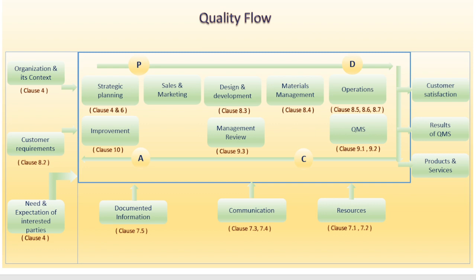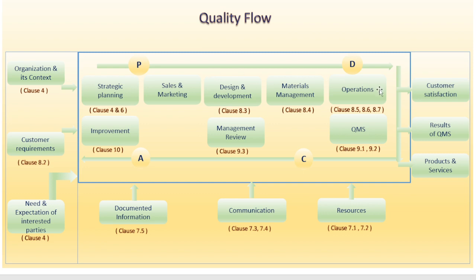Then you can see here the quality flow, which is arranged in the form of the PDCA approach, that is plan, because all those strategic planning, sales, marketing, design and development, materials management, these are the planning related functions.